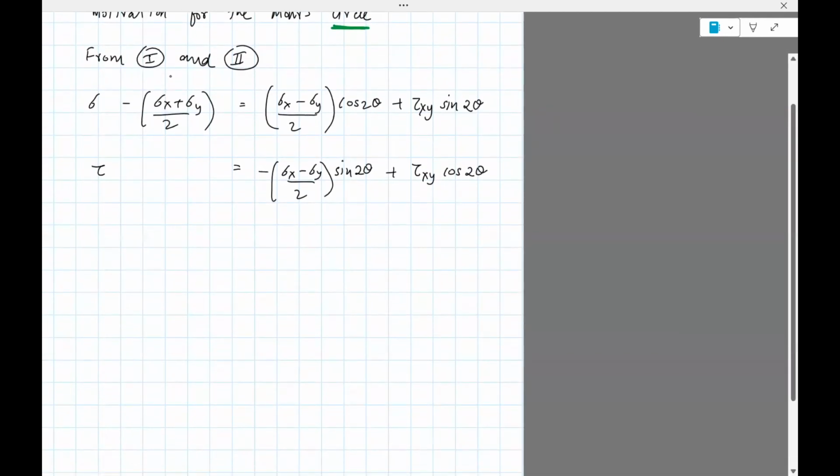So what I said is we're going to square the equations and add them up.